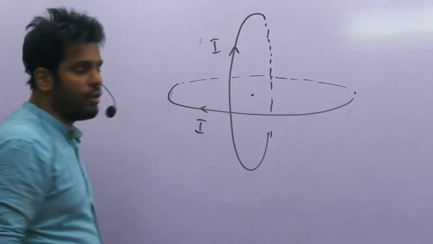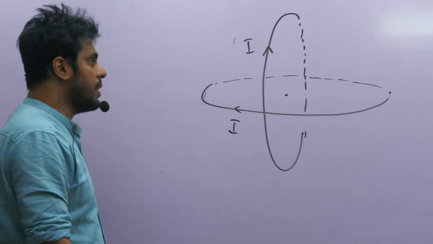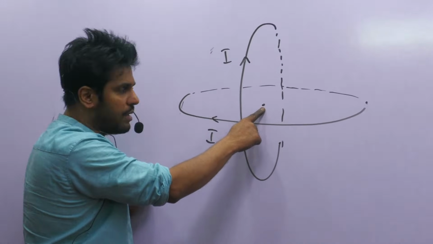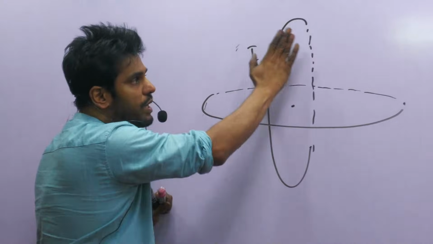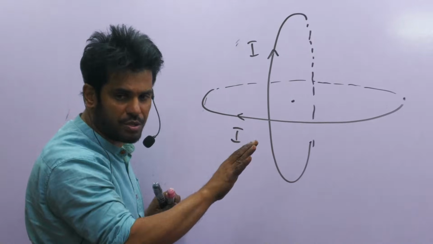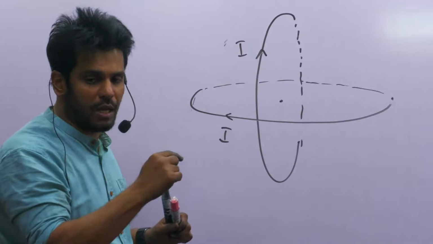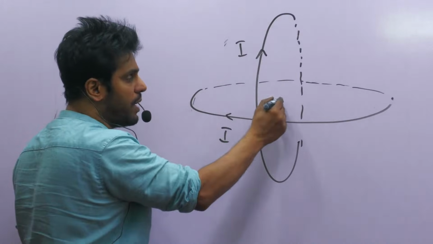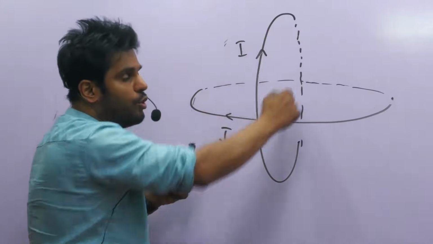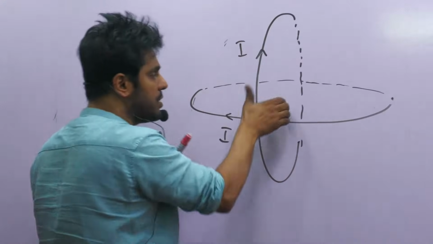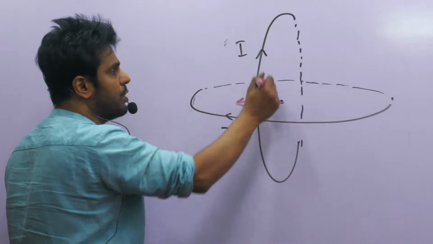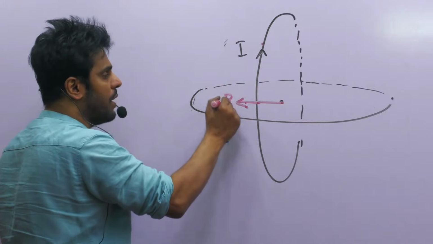Now, first step: mention the direction of the magnetic field due to the vertical loop first or the horizontal loop first, as you wish. Here I am going to label the direction of the magnetic field due to the vertical loop first. This is the direction of the magnetic field due to the vertical loop, B1.